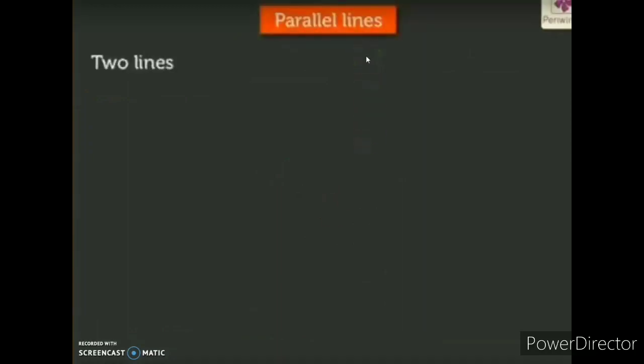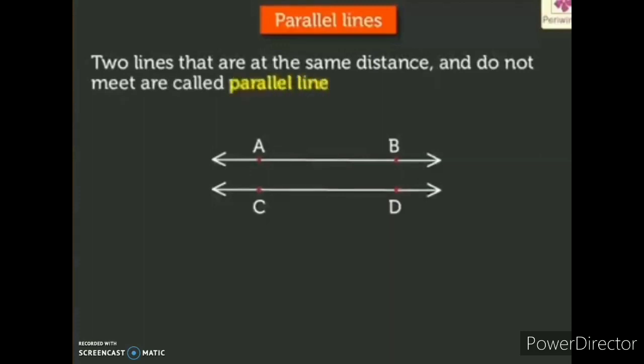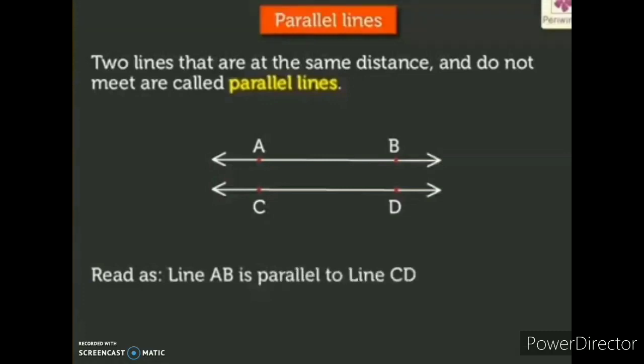Next is the children parallel lines. So the two lines that are at same distance and do not meet are called parallel lines. The line AB and CD do not meet. So these are called parallel lines. So we read it as line AB is parallel to line CD.